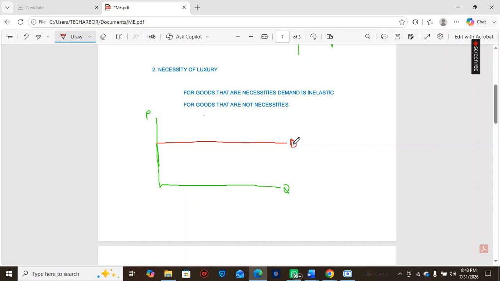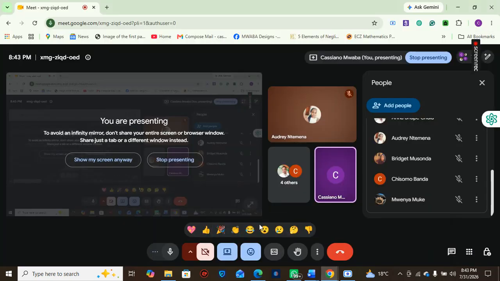A horizontal demand curve. The best place where we can illustrate this is perfect competition. Remember the perfect competition market structure, colleagues? Perfect competition where there are many firms, many buyers, and many sellers.